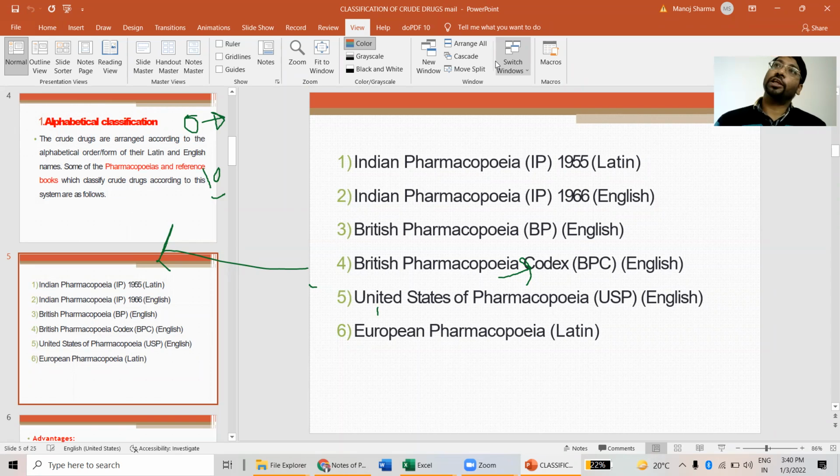It publishes the reference standards along with the analytical guidelines on each and every API. API is active pharmaceutical ingredient. So over there this method is followed.